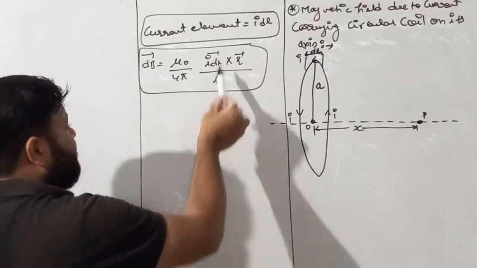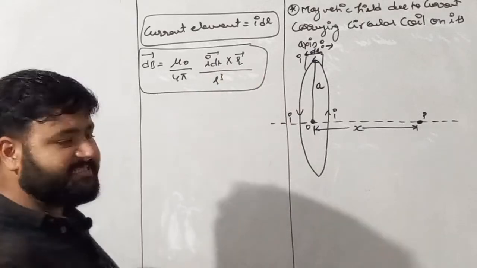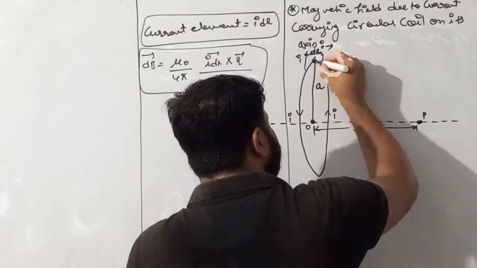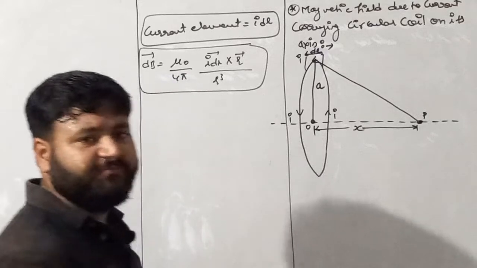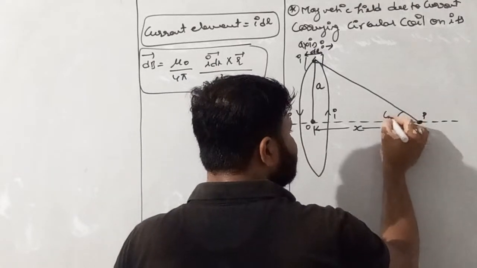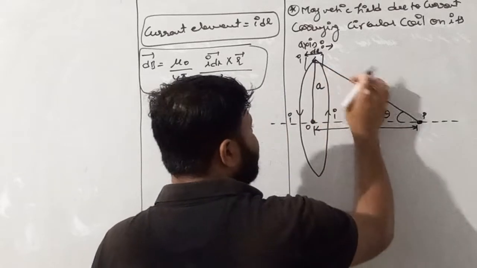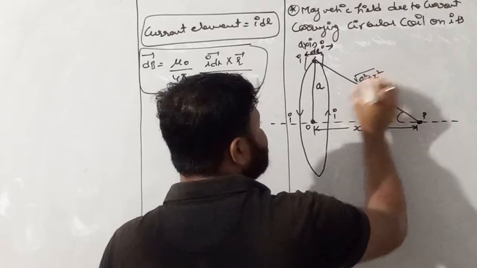Now see, we have the current element I dl, and we have the r vector, the distance from the current element to point P where we want to find the magnetic field. Let's suppose this angle is theta, this is x, this is a. So this distance becomes equal to under root a square plus x square.